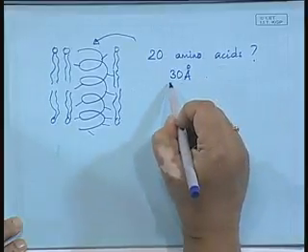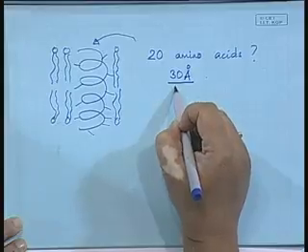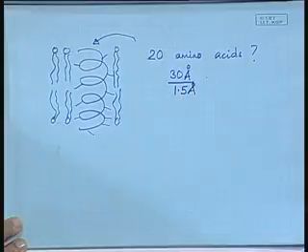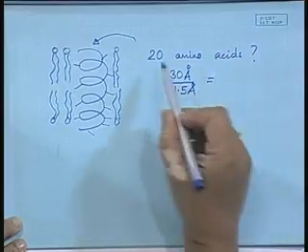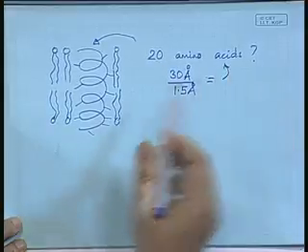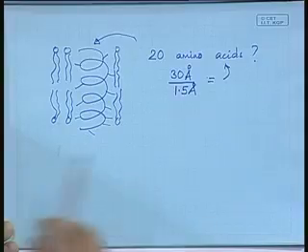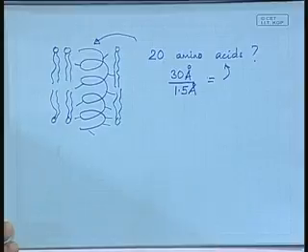So, I have a 30 angstrom stretch and I know that for every amino acid I traverse 1.5 angstroms in height. So, the rise is 1.5 angstroms per amino acid. So, I need 20 amino acids of what type? Hydrophobic. How do I determine that? I construct a hydropathy plot.